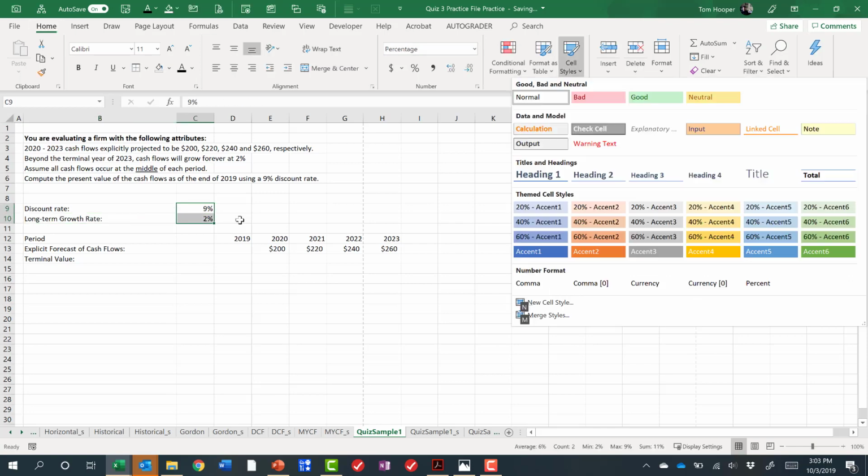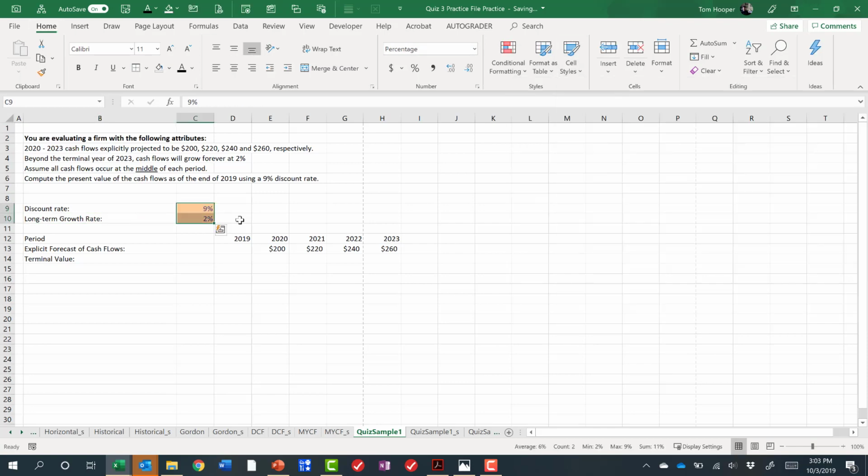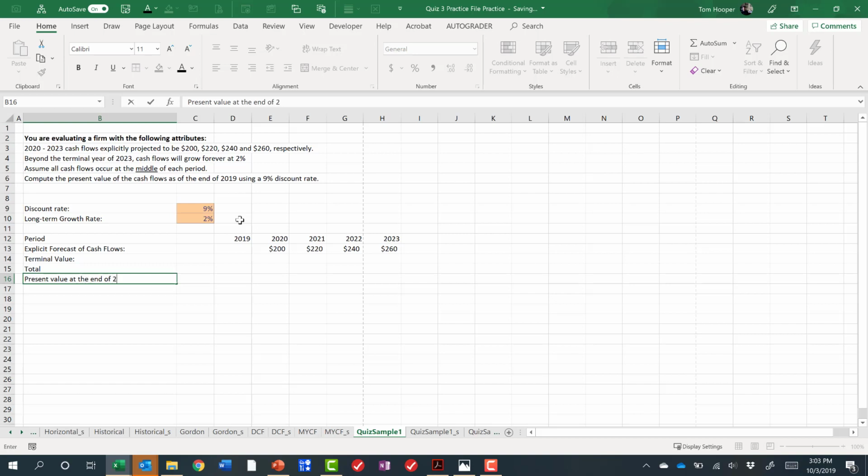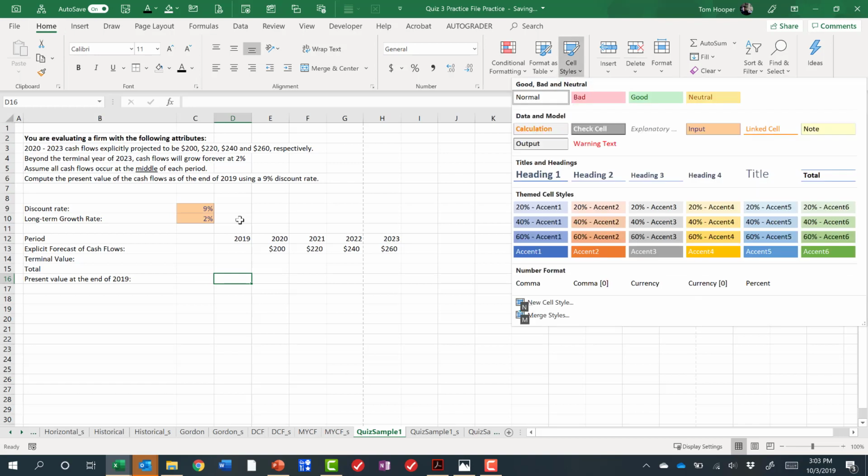Since both of those are inputs, I'll go ahead and color them that way. And I know that I'm going to want, from my total cash flows, I'll calculate the present value at the end of 2019. Make a box for that.